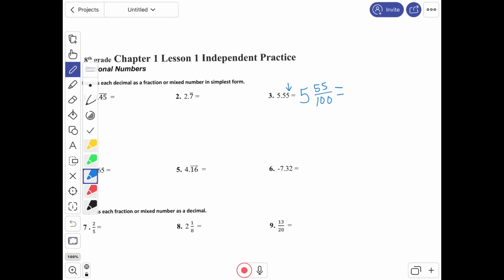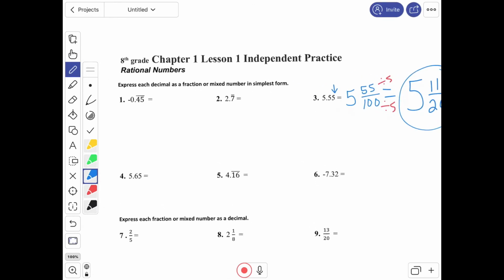It's got to be simplified. If I simplify by 5 on both, the whole number still stays 5. 55 divided by 5 makes 11, and 100 divided by 5 is 20. And that's it. Now let's go do one of these repeating.